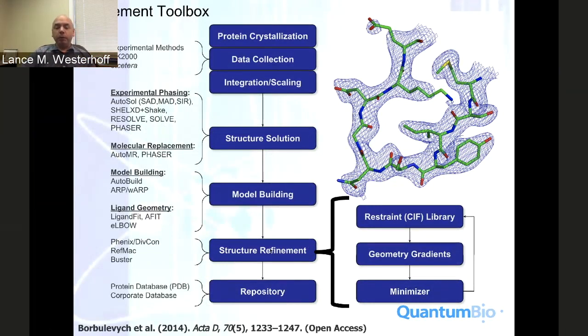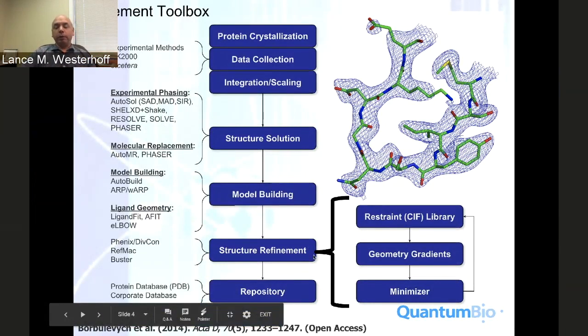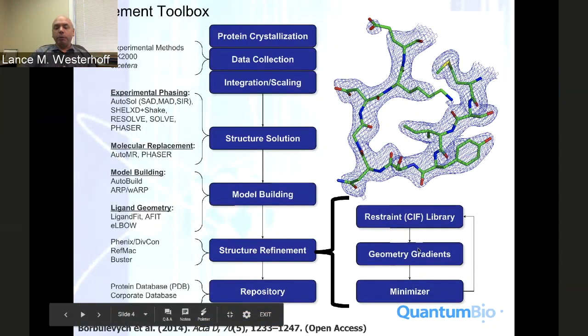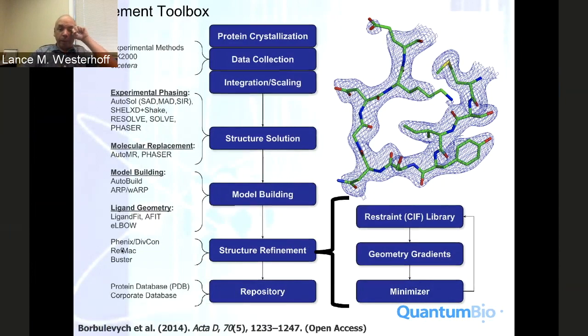As everybody knows, structural refinement conventionally is broken down into a restraint library, which generates a set of geometry gradients, and then you throw that through a minimizer. That's pretty similar or the same whether you're talking about Phenix, RefMac, Buster, or pretty much anything that works on this sort of principle.